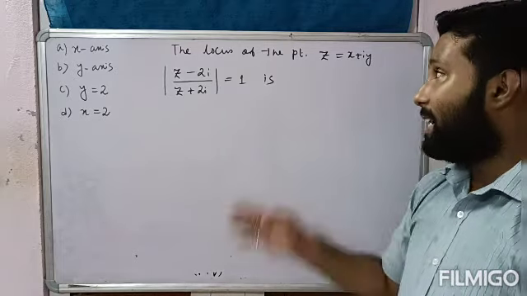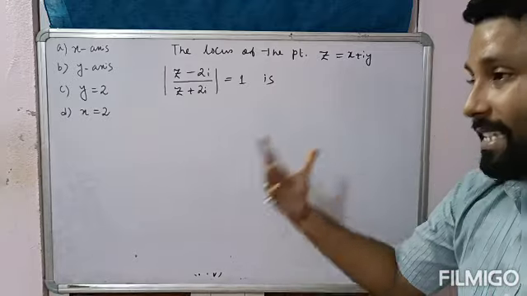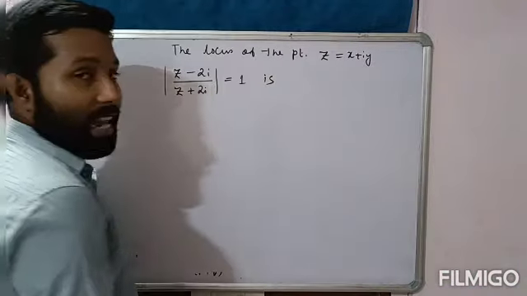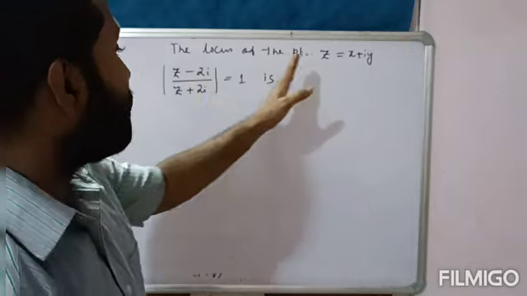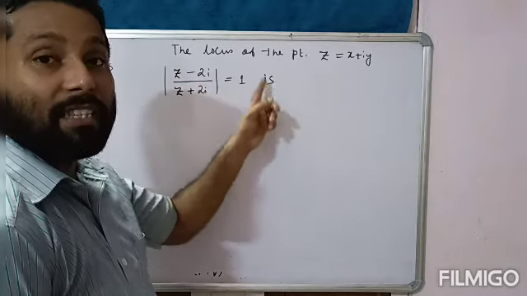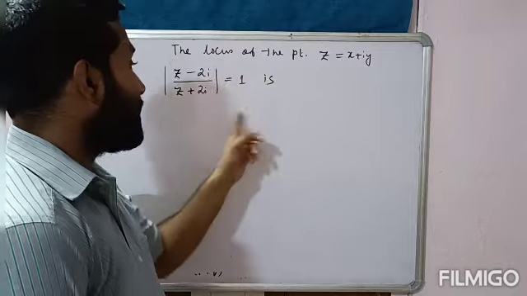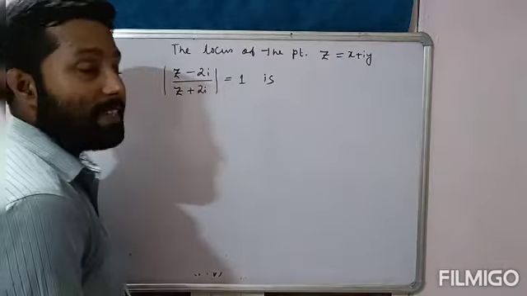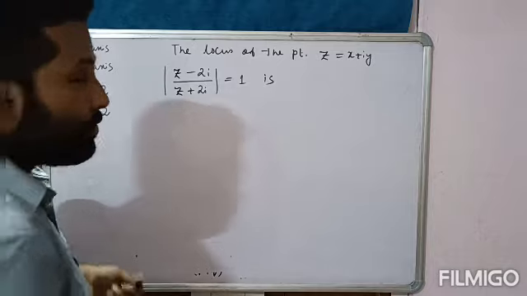What is that point here? The point is z. Z is nothing but a complex number. That is why it is represented by x plus iy. So the locus of the point z satisfying this condition is what? Options are given: x-axis, y-axis, x equal to 2 and y is equal to 2.